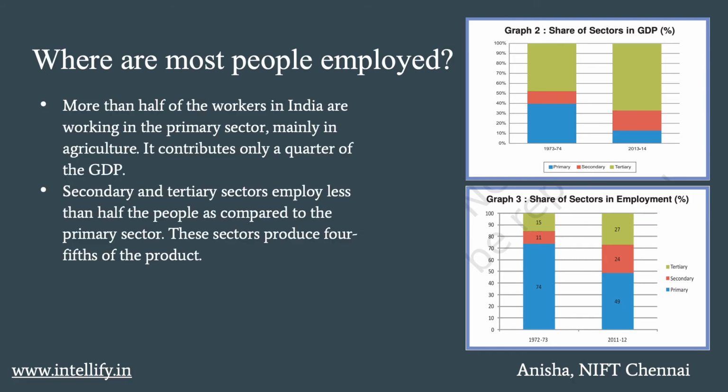As a result, more than half of the workers in the country are working in the primary sector, mainly in agriculture, producing only a quarter of the GDP. In contrast to this, the secondary and tertiary sectors produce 4/5 of the produce, whereas they employ less than half of the people.